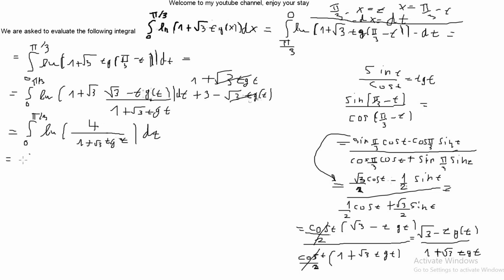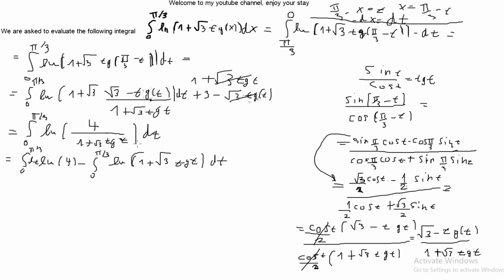This equals an integral from 0 to pi over 3 of ln of 4 dt, minus an integral from 0 to pi over 3 of ln of 1 plus square root of 3 tangent t dt. Okay, this is what we have.